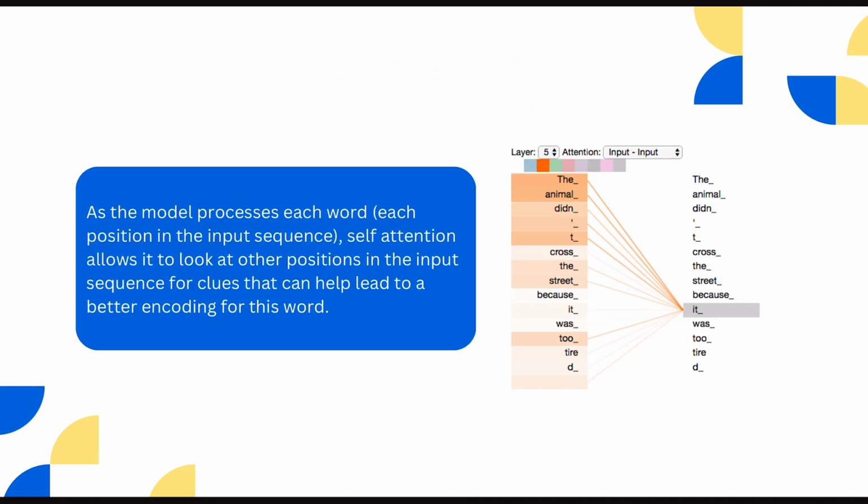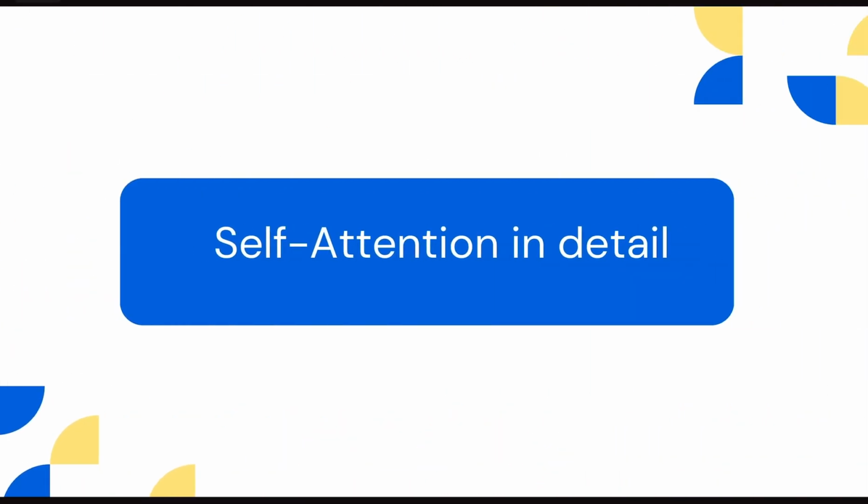The other aspect I mentioned is that by focusing on relevant parts of the input sequence, self-attention improves the encoding of each word. This leads to better performance on downstream tasks as the model can capture nuances of the language. Let's look at self-attention in detail.